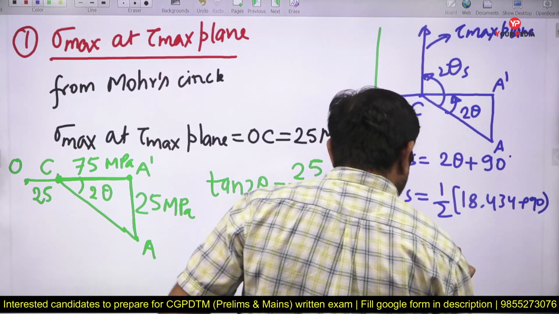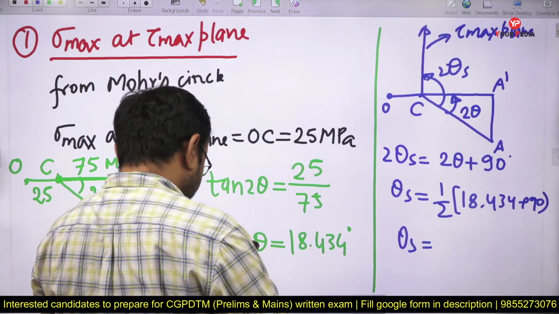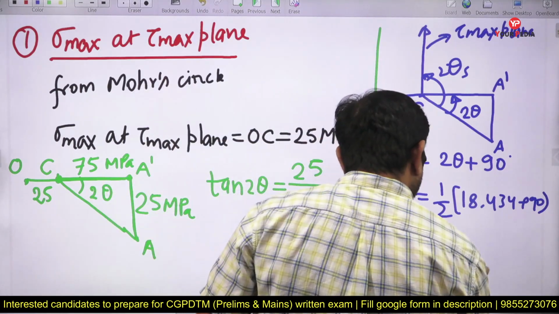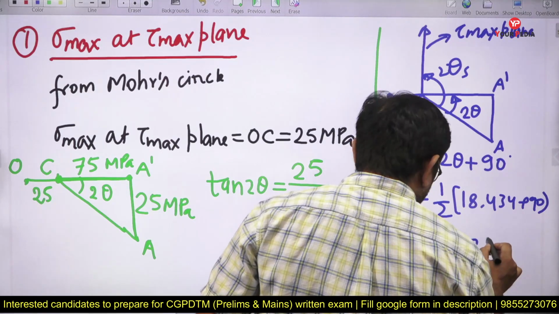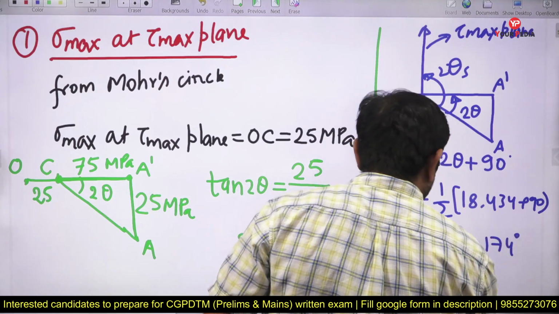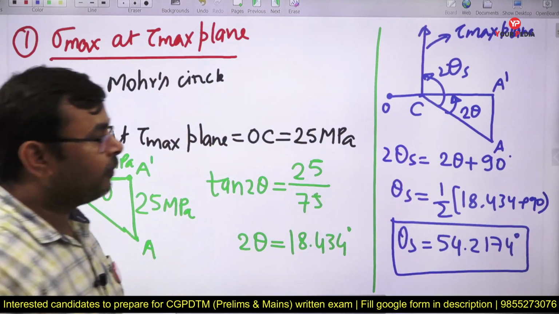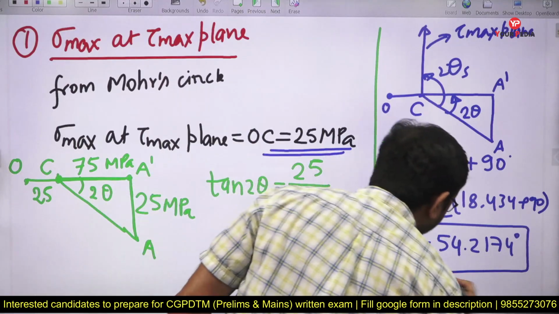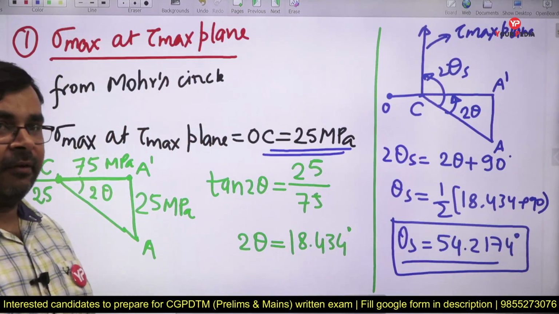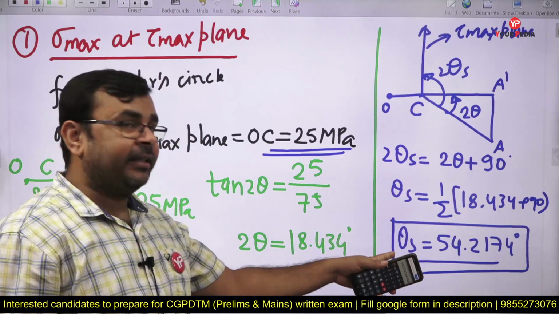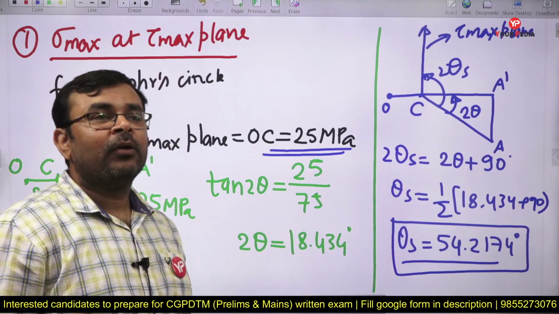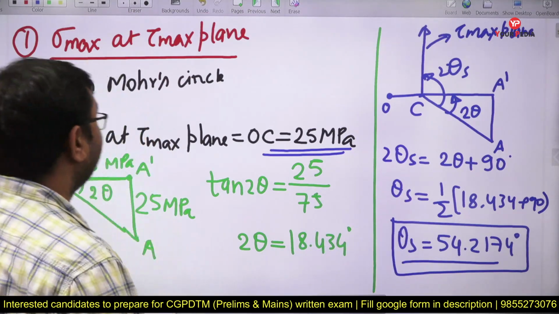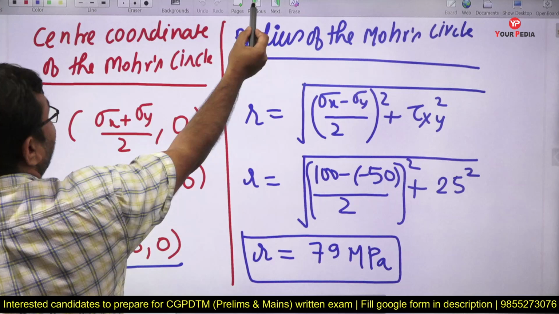And when you simplify this, you will get 54.2174 degree. So this is the second part of the first question. So we get 25 megapascal stress and the location of this stress is 54.2174 degree. So whenever you write theta, it must be represented by only theta, not 2 theta. Yes or no? You have to represent it by theta, not by 2 theta. Correct? So the first part of this question is completed here.